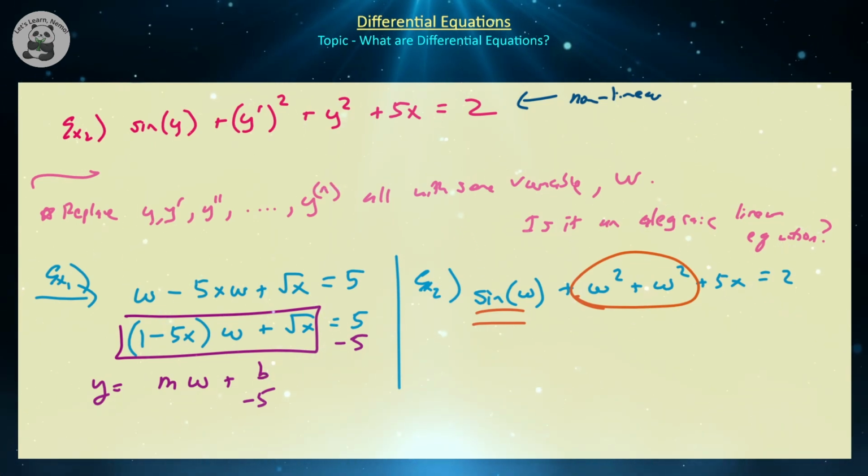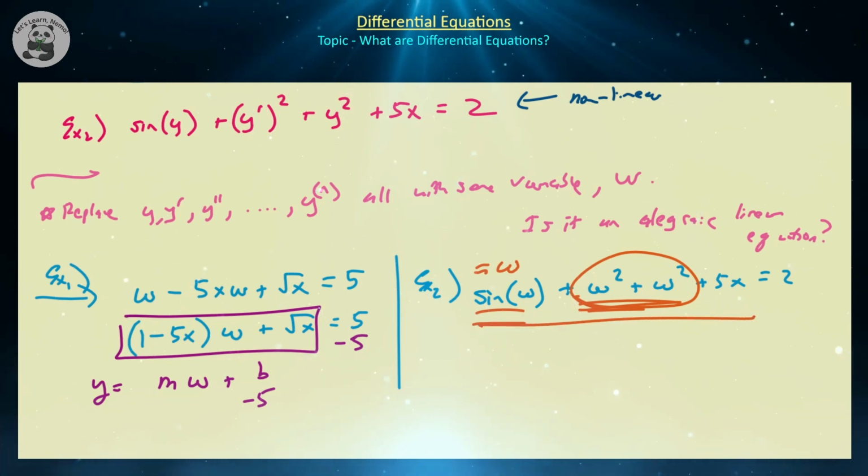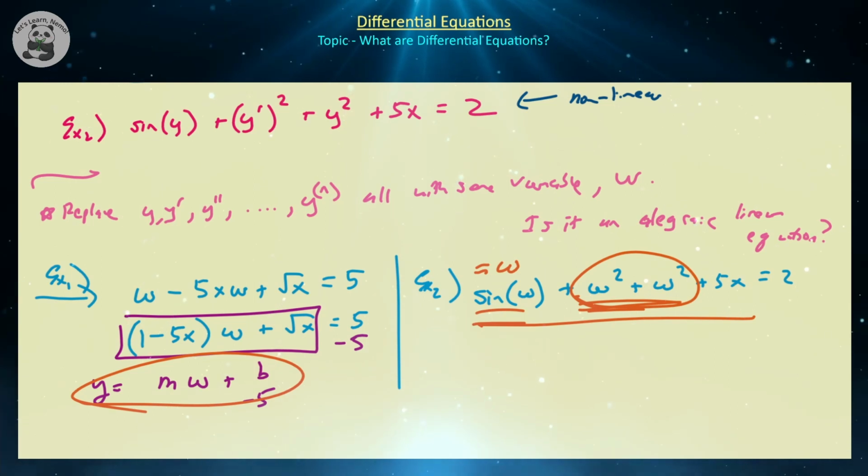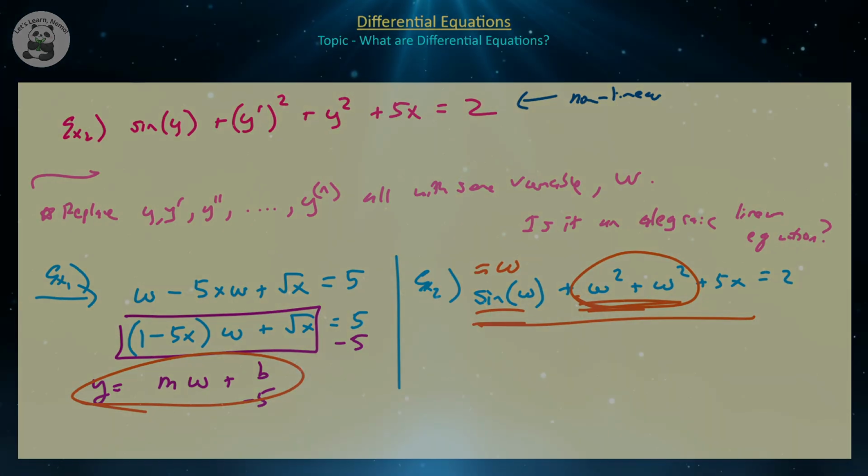Although you could say, okay, well, if w is close to 0, this is approximately equal to w, but even then we still have this quadratic term that's going to cause us problems. So this would be a nonlinear differential equation because you cannot write it in a linear form if you replace all of your derivatives with some simple variable, say w.